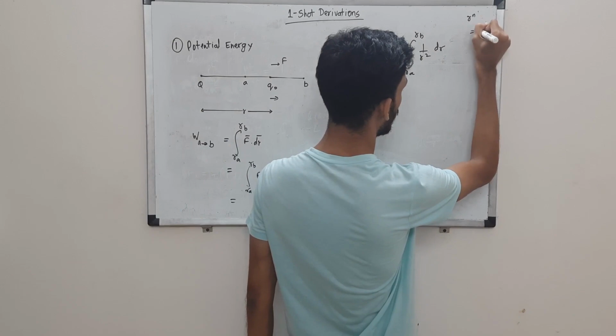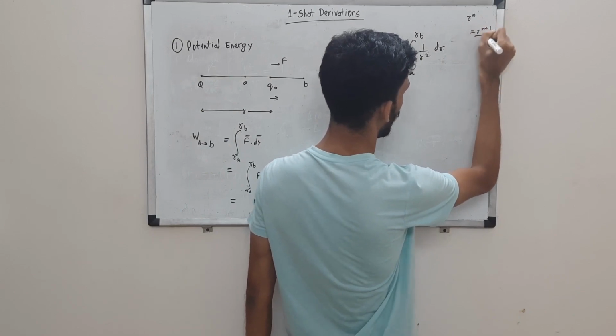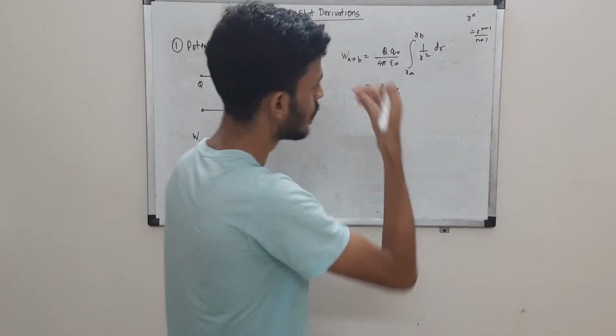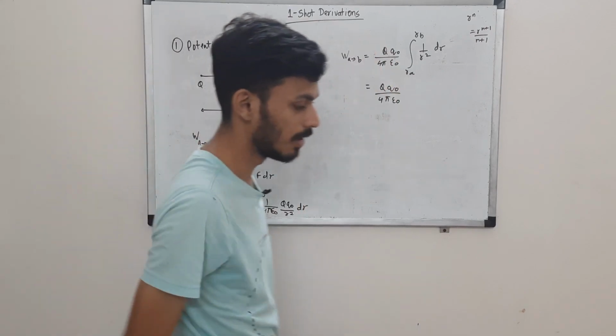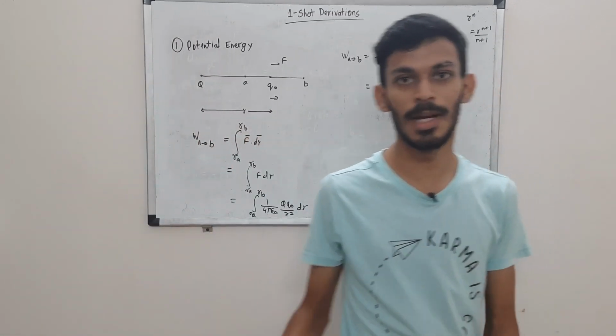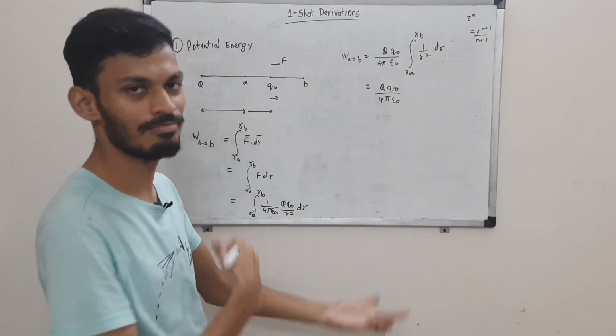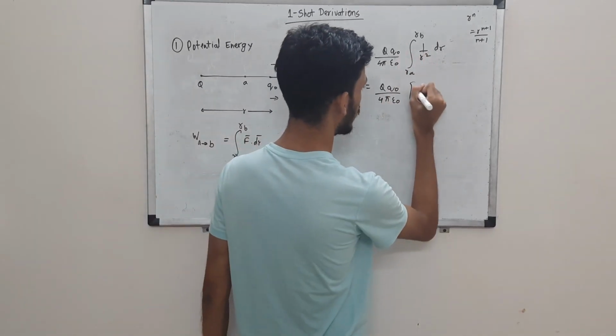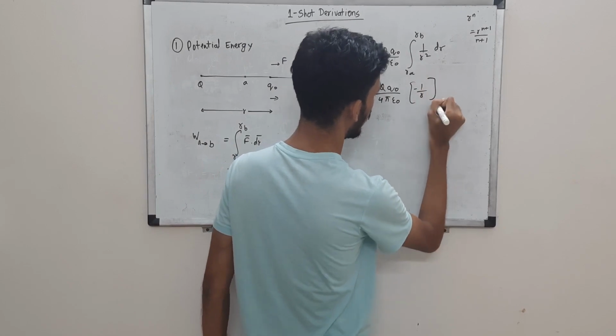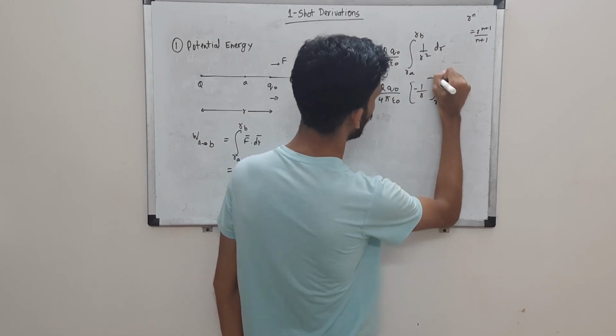So you get r to the power n plus 1 upon n plus 1. You can use that formula, or you can see that the differentiation of 1 by r is minus 1 by r square, so the integration of 1 by r square is minus 1 by r. This goes from RA to RB.